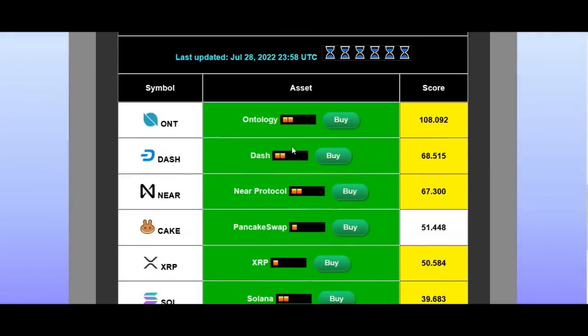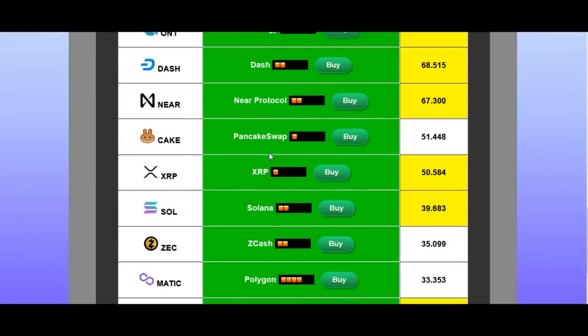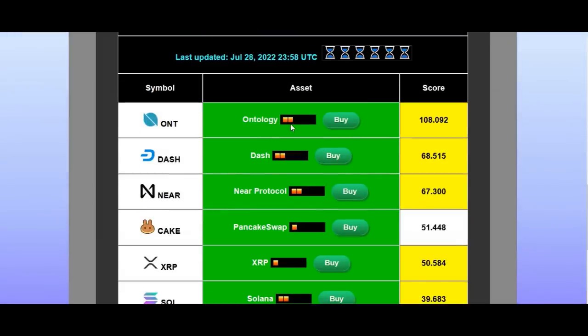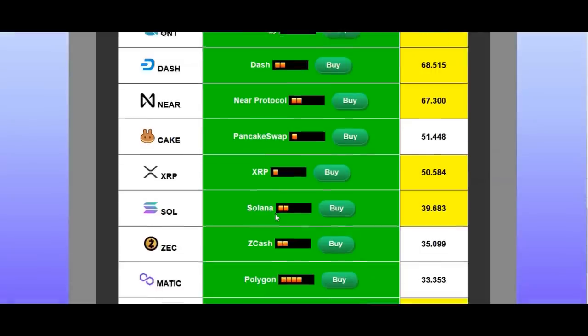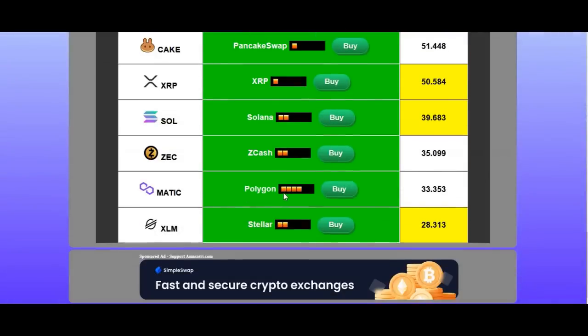Now, let's look at some quick examples to make this clearer, hopefully. Here we've got the bars. Obviously, the more bars, the better this would be for long term. So let's look at some dramatic differences. Everything's moving up, but Pancake Swap has 1 bar, XRP has 1 bar, and down here, Polygon has 4 bars.